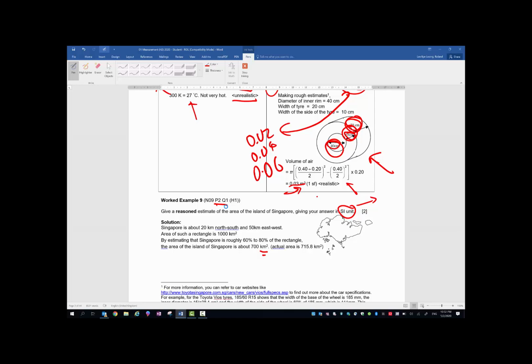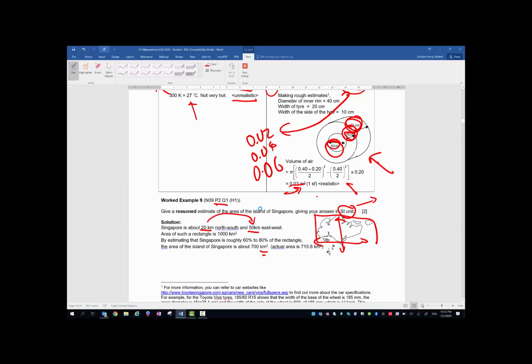To do this, we estimate that Singapore is about 50 kilometer left to right, and top to bottom is about 20 kilometer. If Singapore is a rectangle, it will be 1000 square kilometer, because 20 times 50 is 1000.